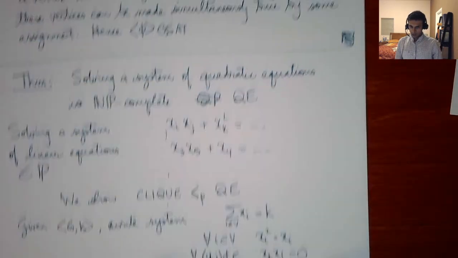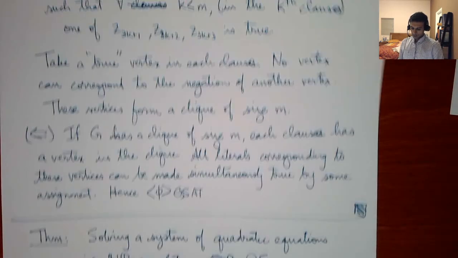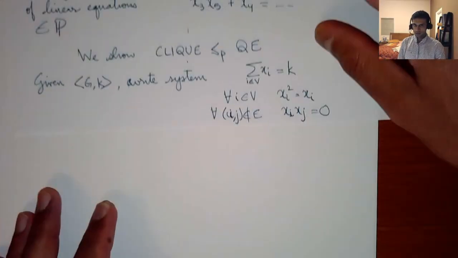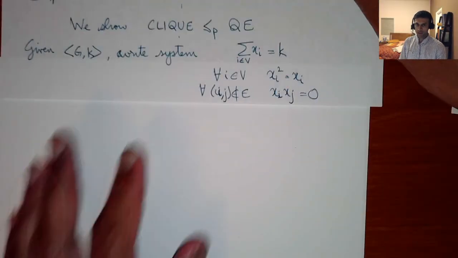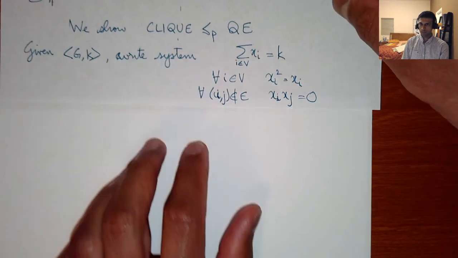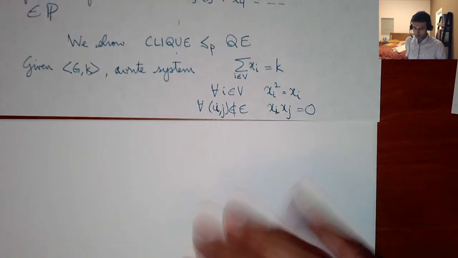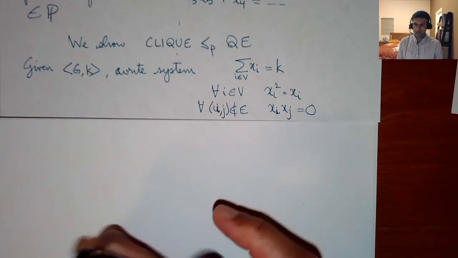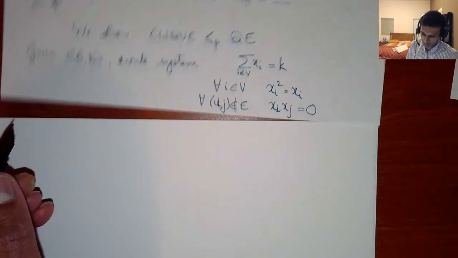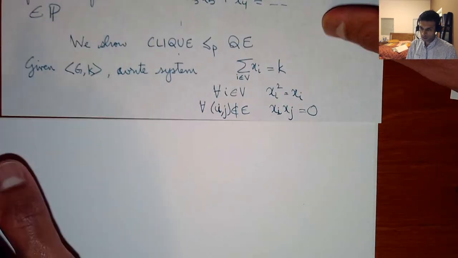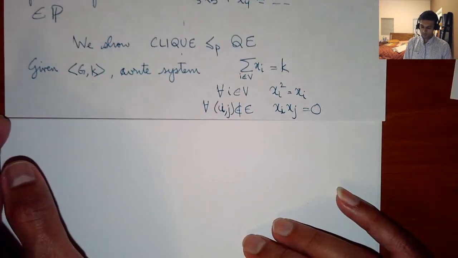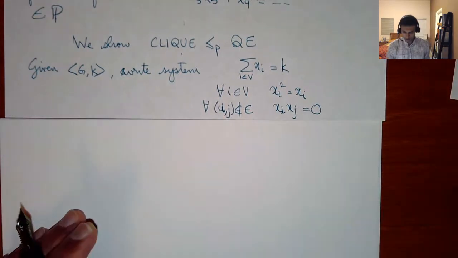All right, so let me go ahead and explain why this is the case. So what do we need to show? Actually, I think I can write this side by side.